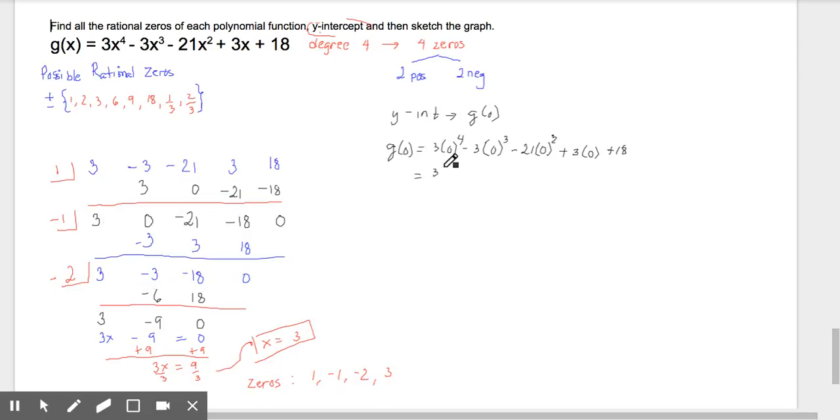This is going to be 3 times 0 times 0 times 0 is 0, minus 3 times 0 times 0 times 0 is also 0, minus 21 times 0 times 0 is 0, plus, well, 3 times 0 is 0, plus 18.